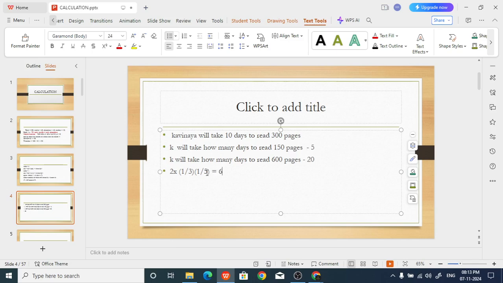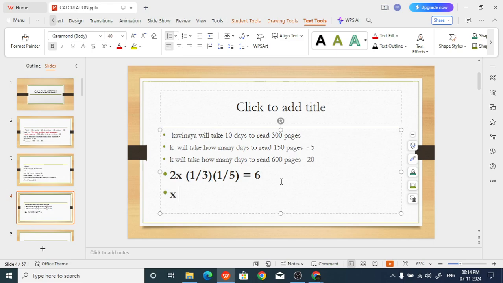This is equal to 6. Find x. 2x into 1/3 into 1/5 is equal to 6. What is x?